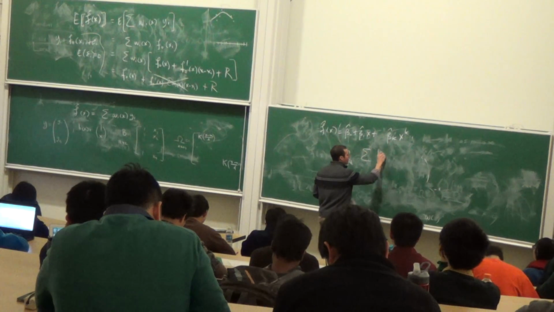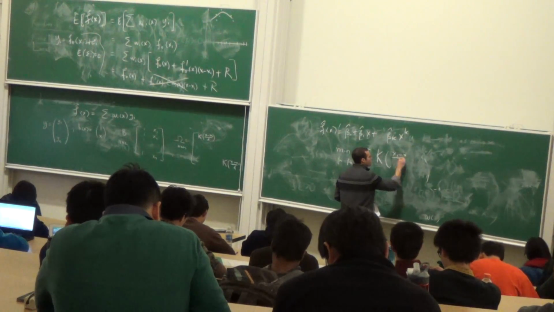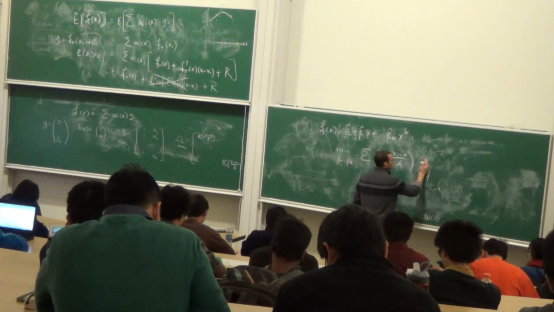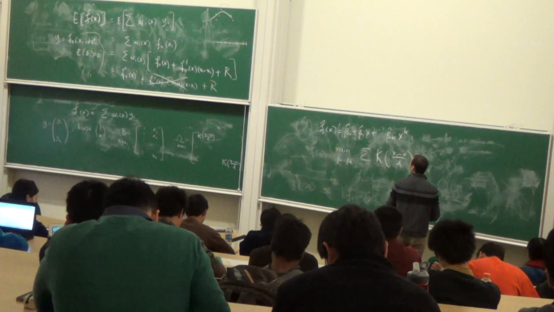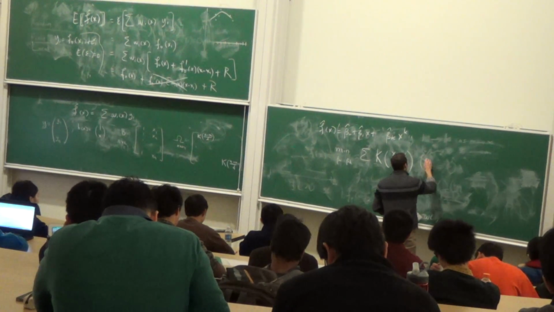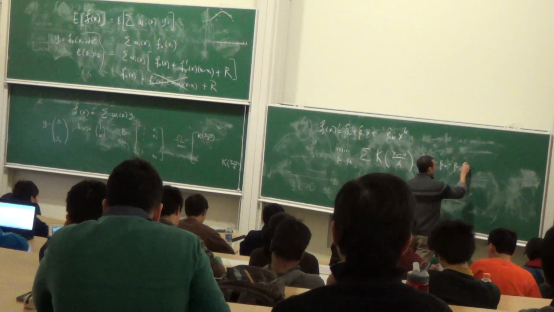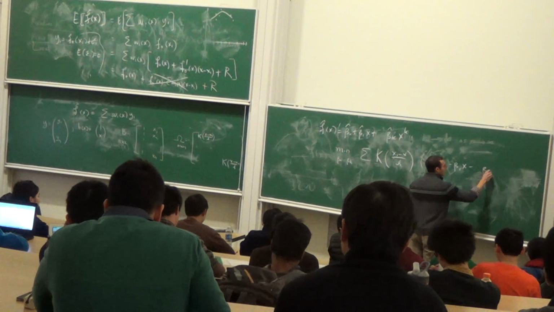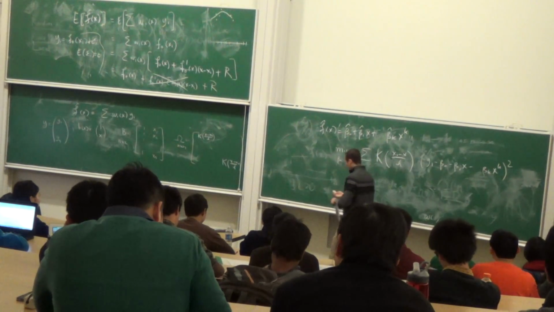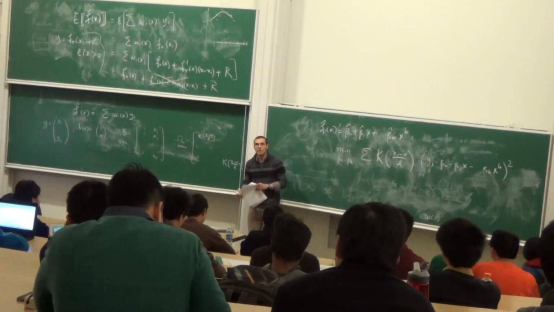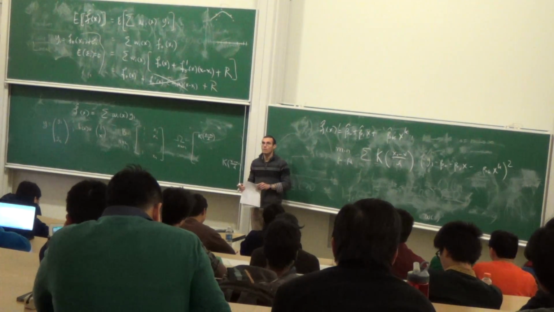Just our usual one, the kernel of (xi minus x) over h, times (yi minus beta 0 minus beta 1 x, up to beta k x to the k). Okay, so local linear is a special case with k equals 1. Kernel regression is a special case with k equals 0.